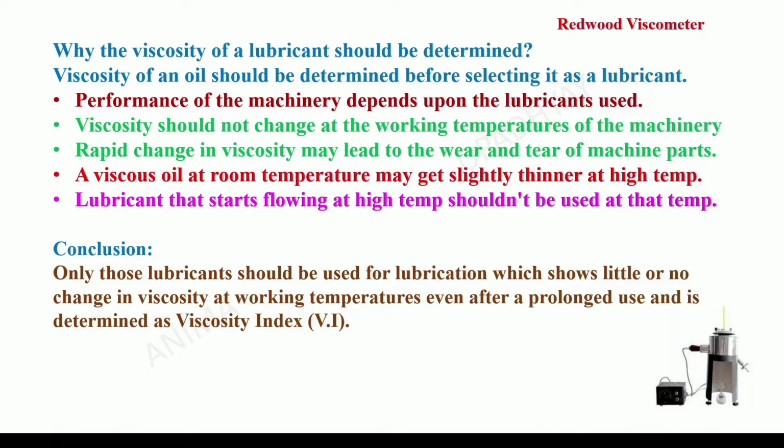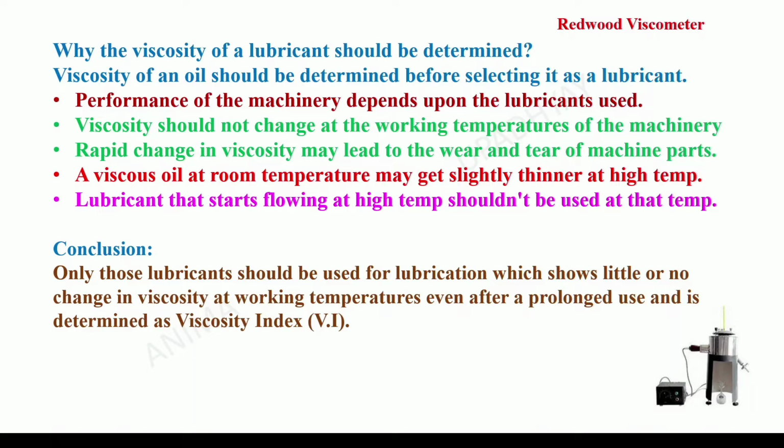It determines whether a lubricant can be used for lubrication or not. Because the viscosity of the lubricant should not change at the working temperatures of the machinery. If there is a rapid change in the thickness of the applied oil, then it may lead to wear and tear of the machine parts.